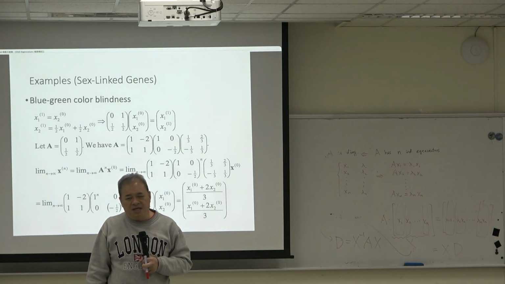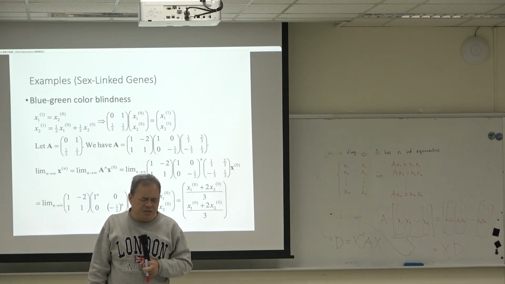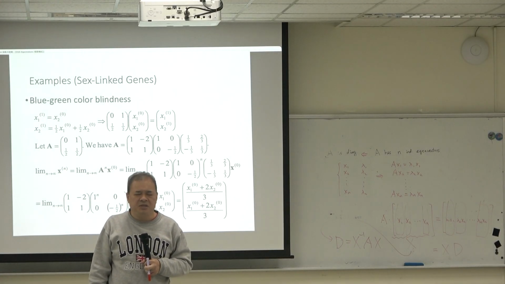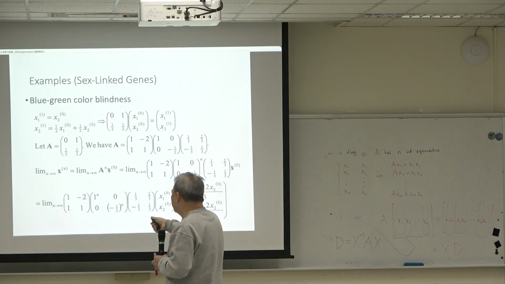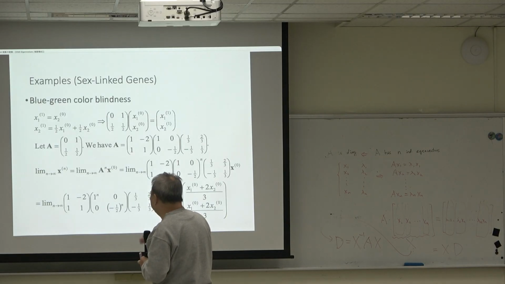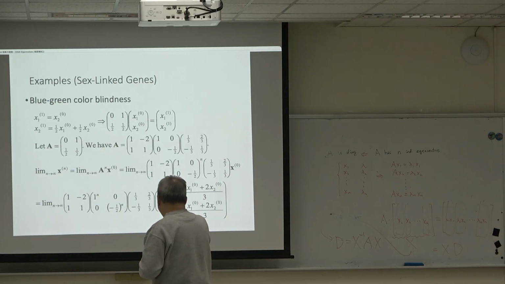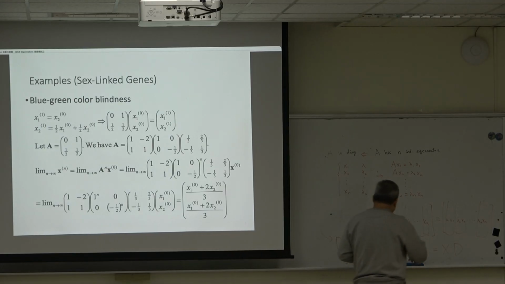What we care about is, after many generations, what will be the outcome if we know this Markov process? Because the first generation is going to be, say, this is the current state.